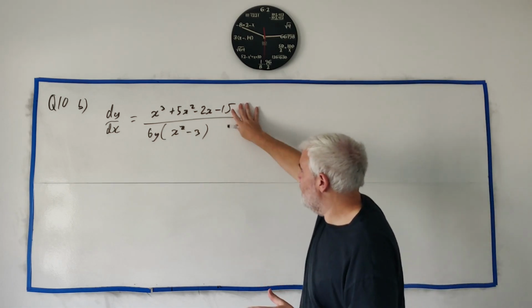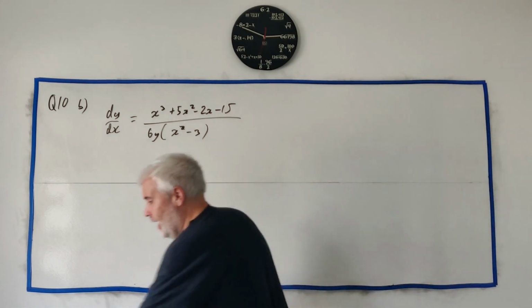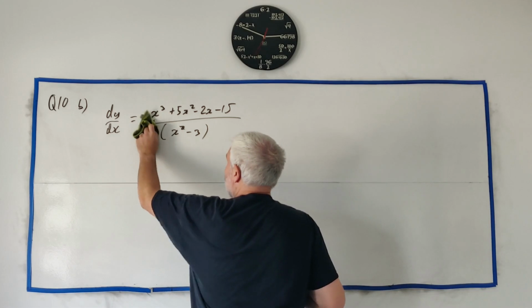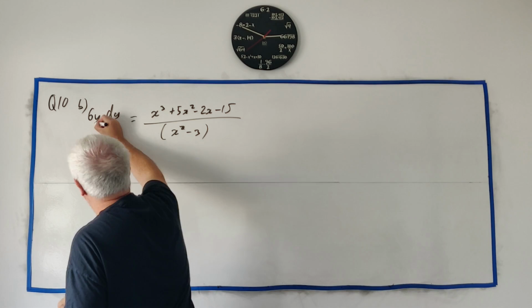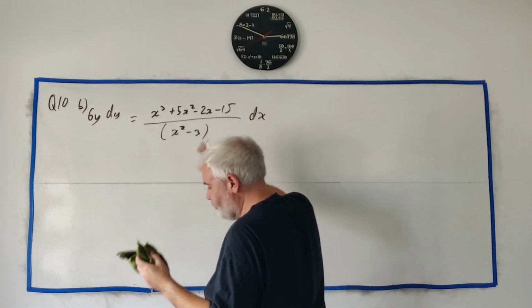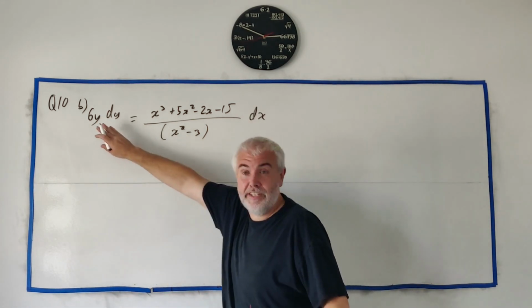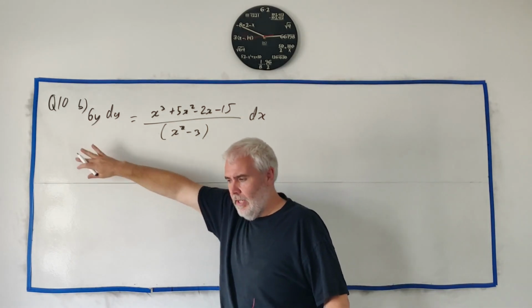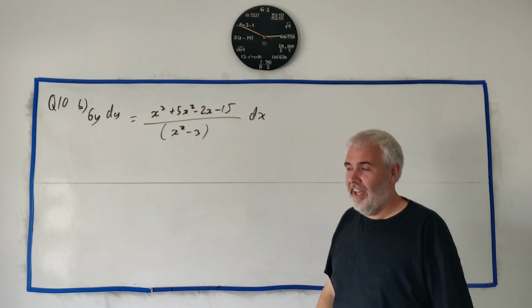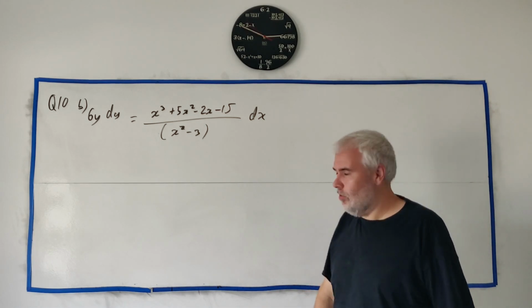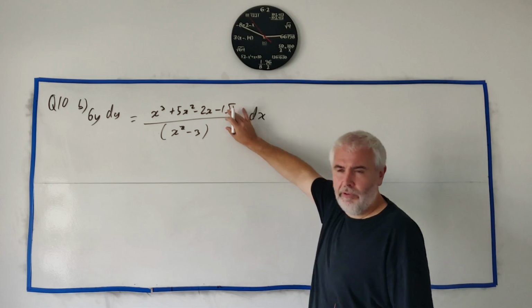You're going to end up with this big. Actually, I guess we can do it to start with. Let's move the 6y over here, 6y, and move the dx over here. Okay, you've done that. You can integrate this. This is fine. You can't integrate this side. Well, you can. It's just really difficult to do. Unless we could simplify this down.